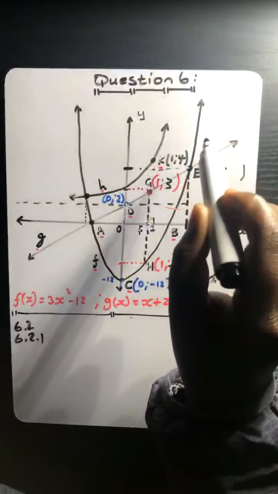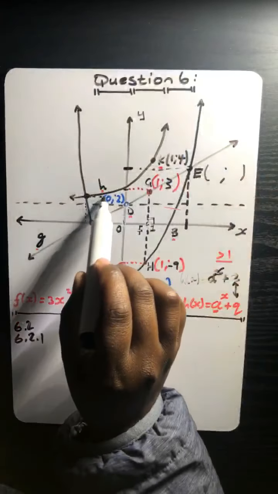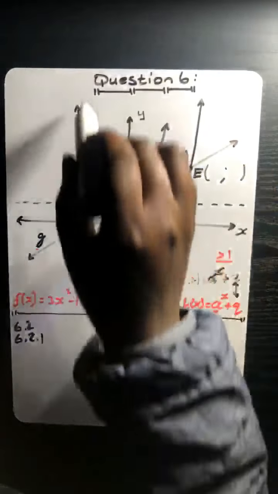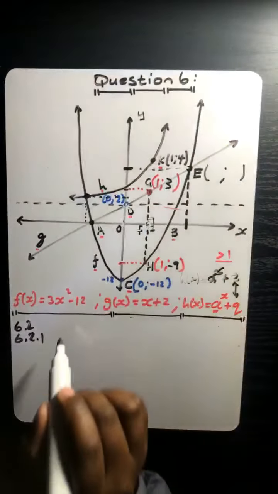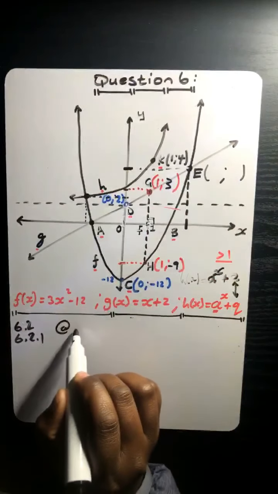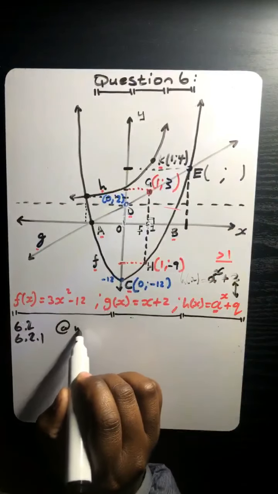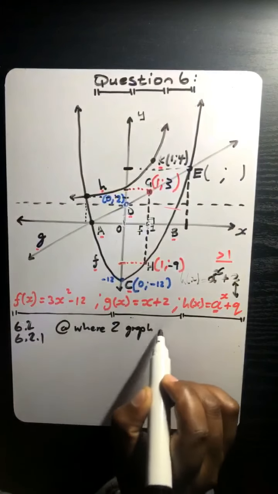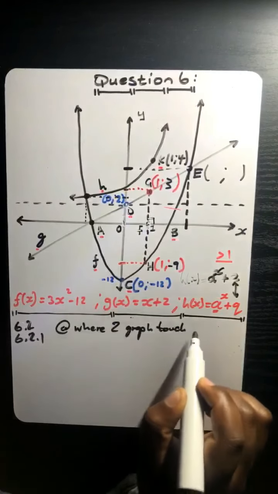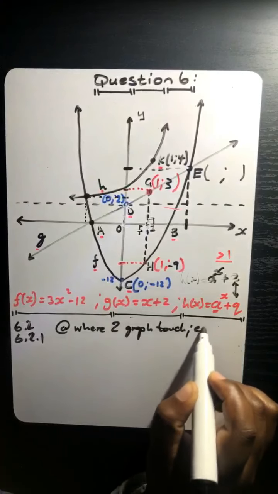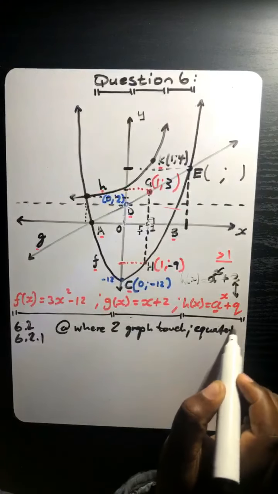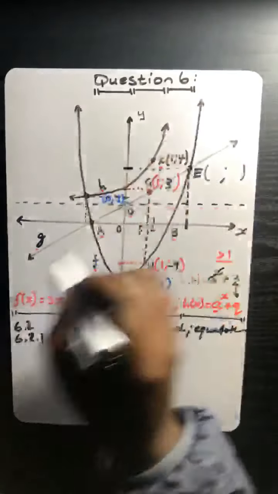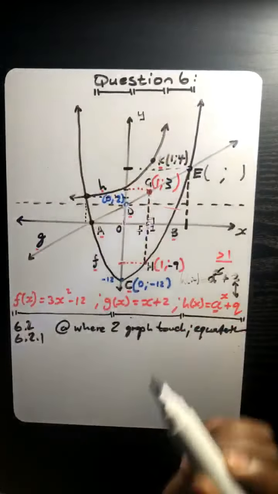Then you just use that x value to calculate y. The y value that you get is the y value for this and also for that. That's what we mean. So you can make a note to say where two graphs touch, equate them, just to remind you that always when you have functions touching each other, they are equal at that point.